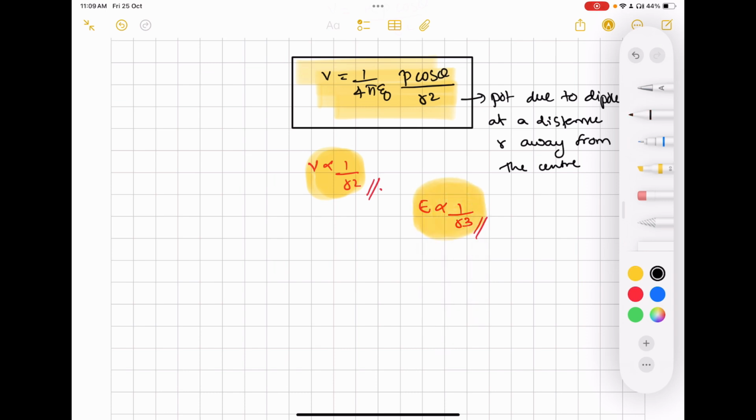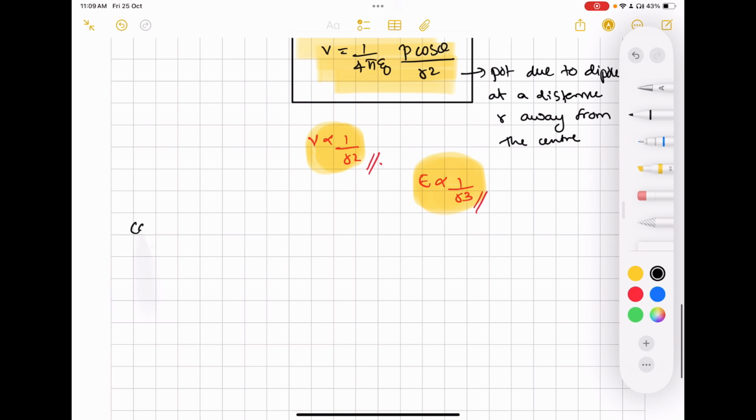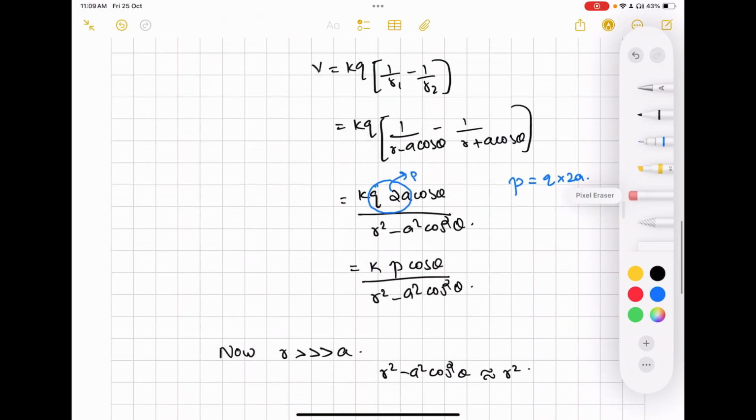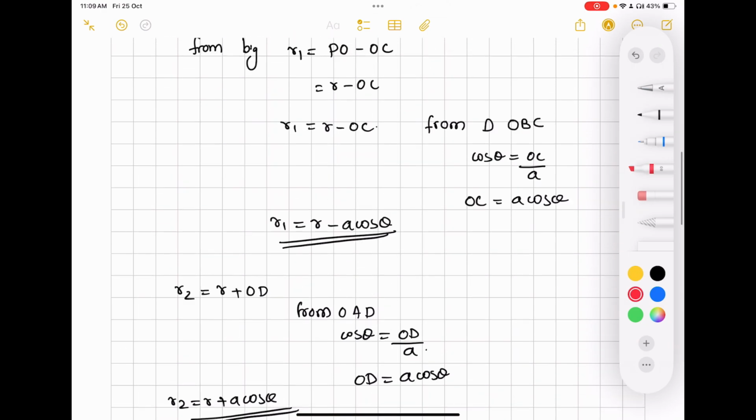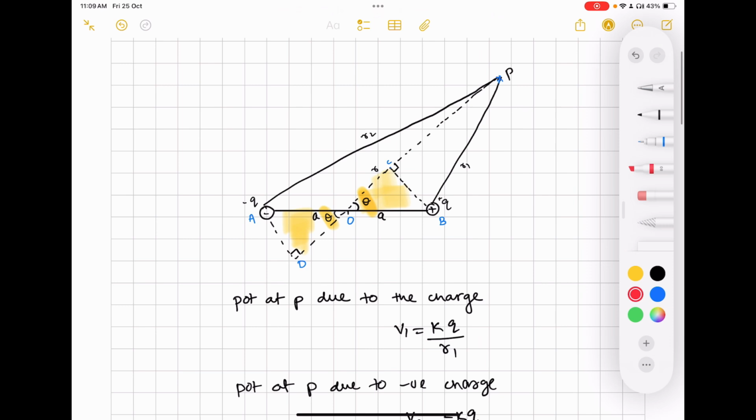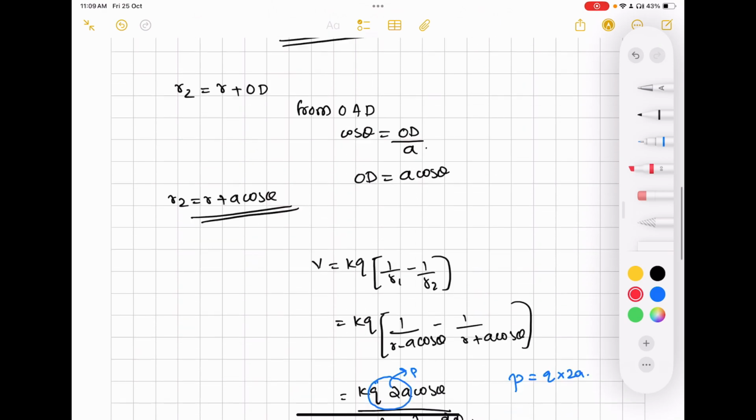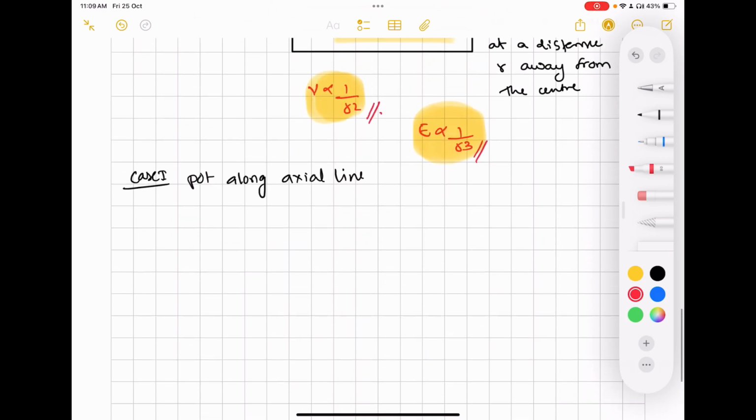Okay, now we have two cases. Case 1 is potential along the axial line. That is, we are going to find the potential at a point along this axial line. So theta will be 0 here. Theta is equal to 0, cos theta equal to 1.